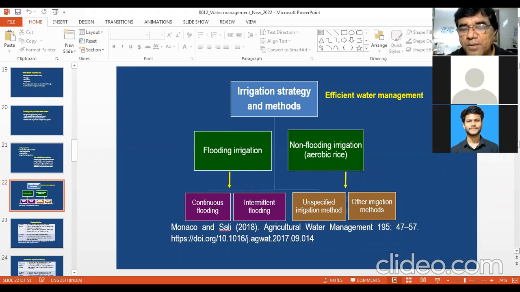Some scientists like Monaco and Sali, 2018, studied the literature on different methods across the world. These are the methods: continuous flooding, intermittent flooding, and other irrigation methods. Some irrigation methods were unspecified. They were not sure what method of irrigation or water management was being practiced.